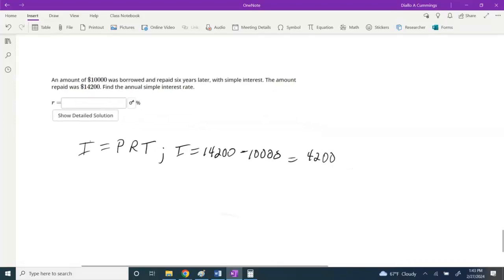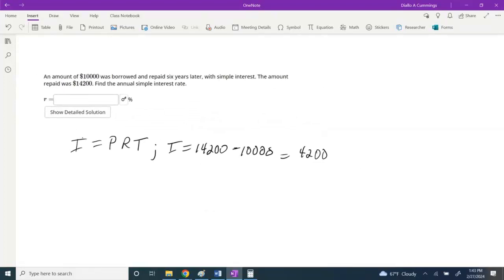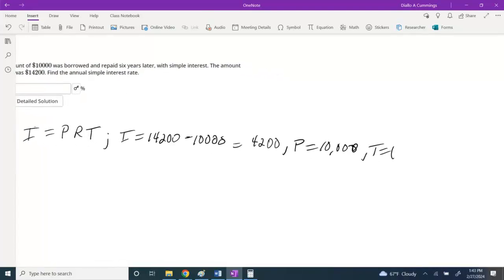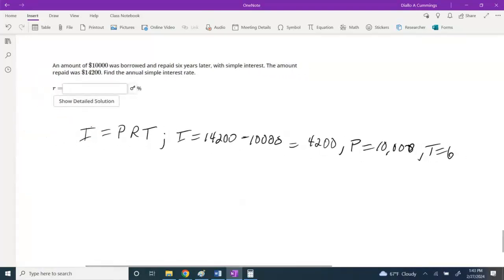So that's going to be the interest. The principal is going to be $10,000, because that's the amount you originally borrowed. T is going to be 6 years, and we have to find R.